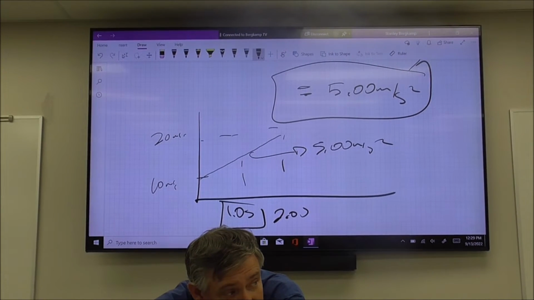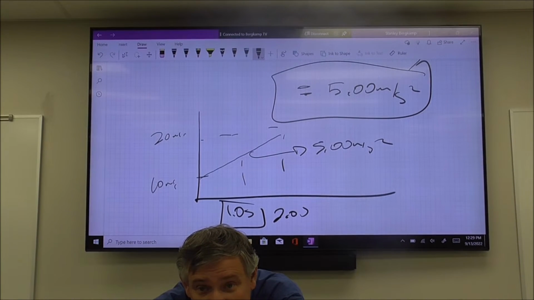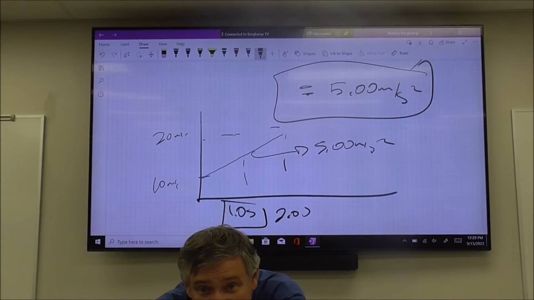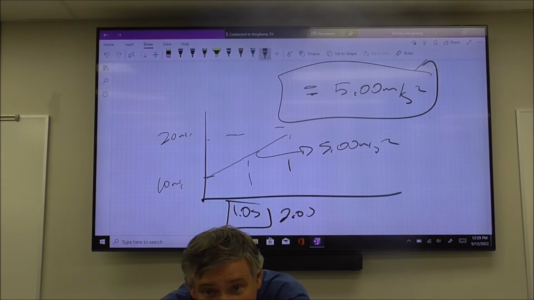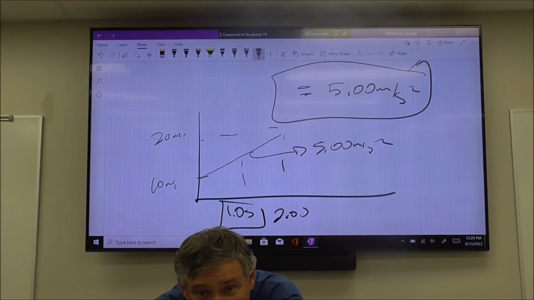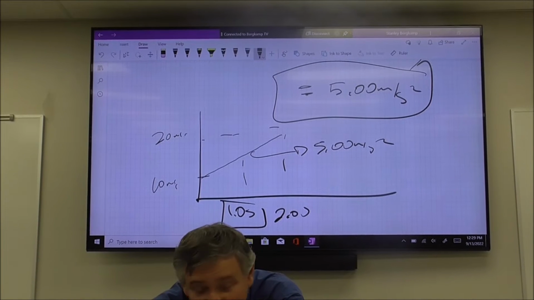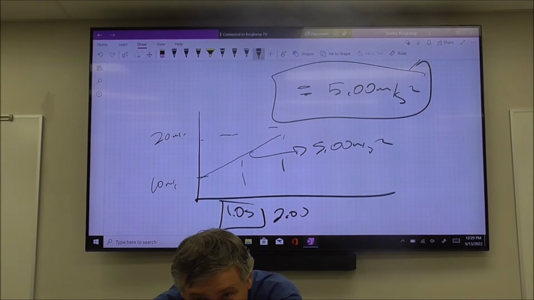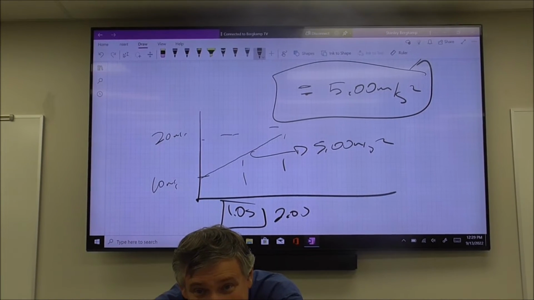15. Why? Because 5 meters per second squared is the A, which is also the slope. You take that times X, which is your time, and that equals Y. But you also have to add that to the Y-intercept, which is 10. You gave a beautiful mathematical answer. According to the equation, yeah.